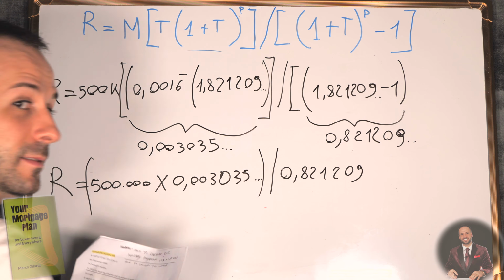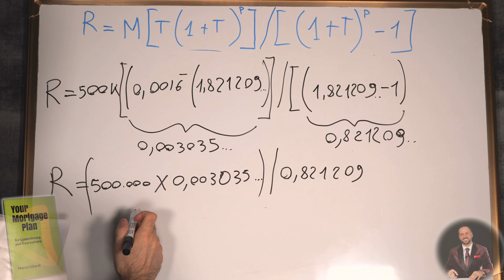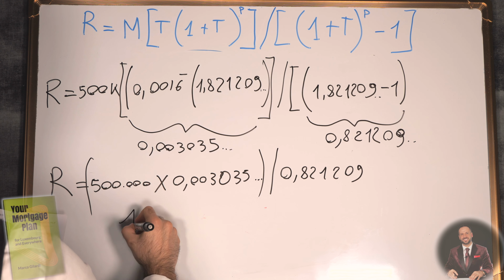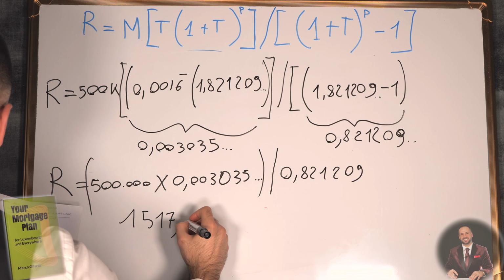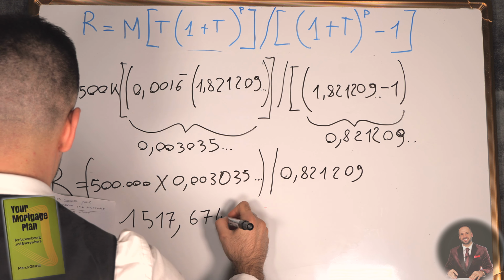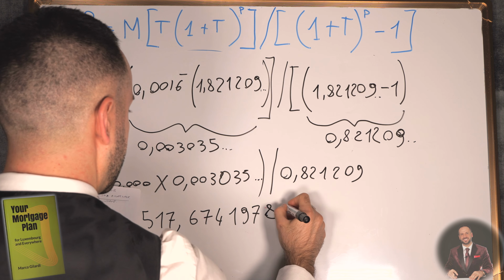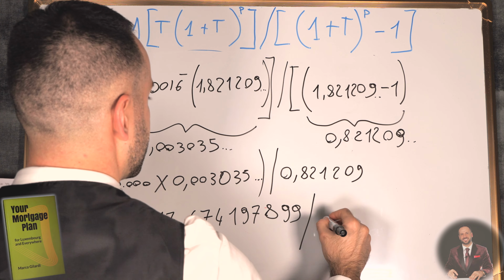Are you still there? I hope yes, but okay. So after that we have this multiplication to be done, which is 1517,674197899. If you want to know how to calculate manually, we must do like this.